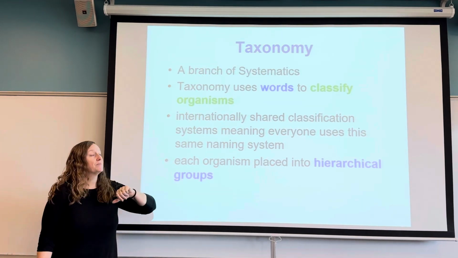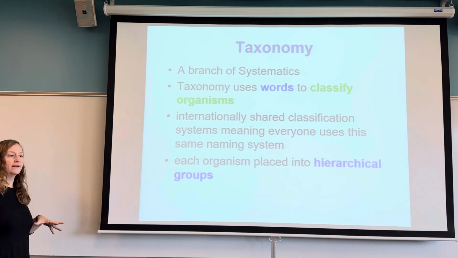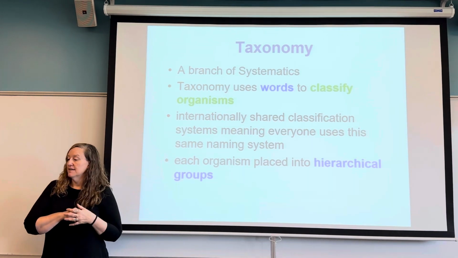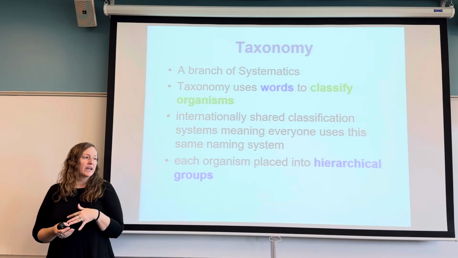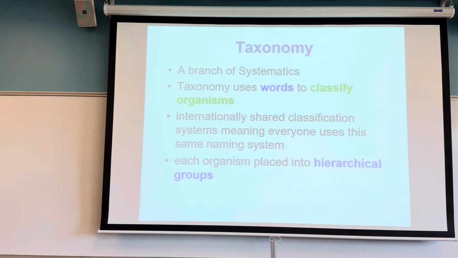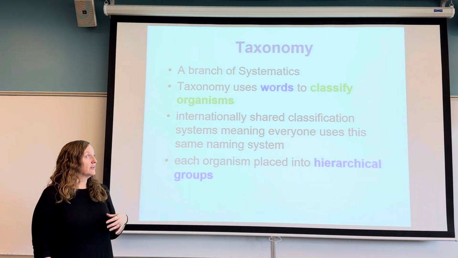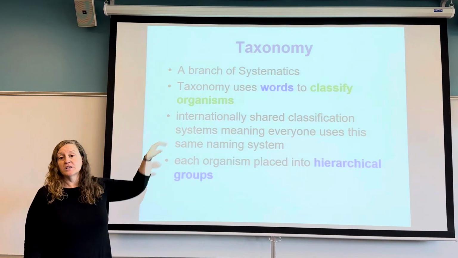So taxonomy is a branch of systematics. Taxons are groupings. This is how we group organisms that have like characteristics. And again, it could start with just physiologically how they look or act internally, like their metabolisms, but then we start to look at the biochemistry, the molecular biology. Taxonomy uses words to classify.